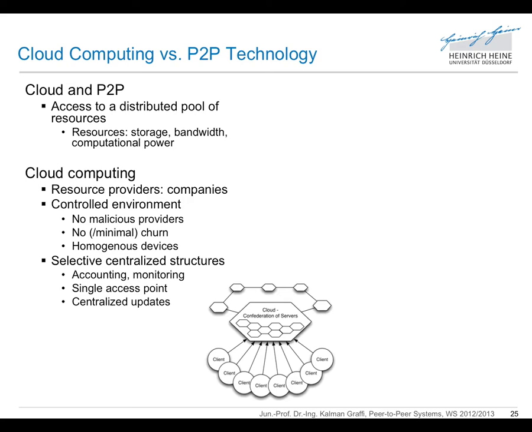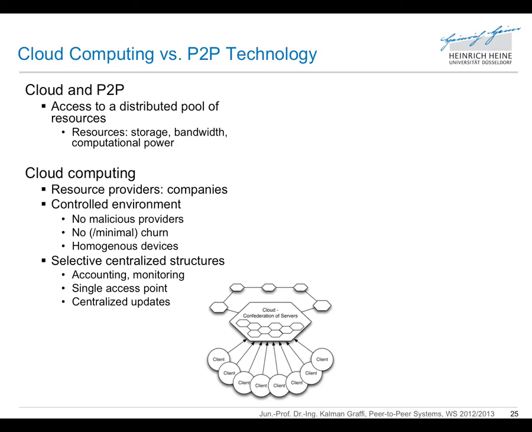And then you have the server farms and lots of resources, lots of clients requesting content, and the best servers are identified, or the content is distributed, stored, and then provided back.